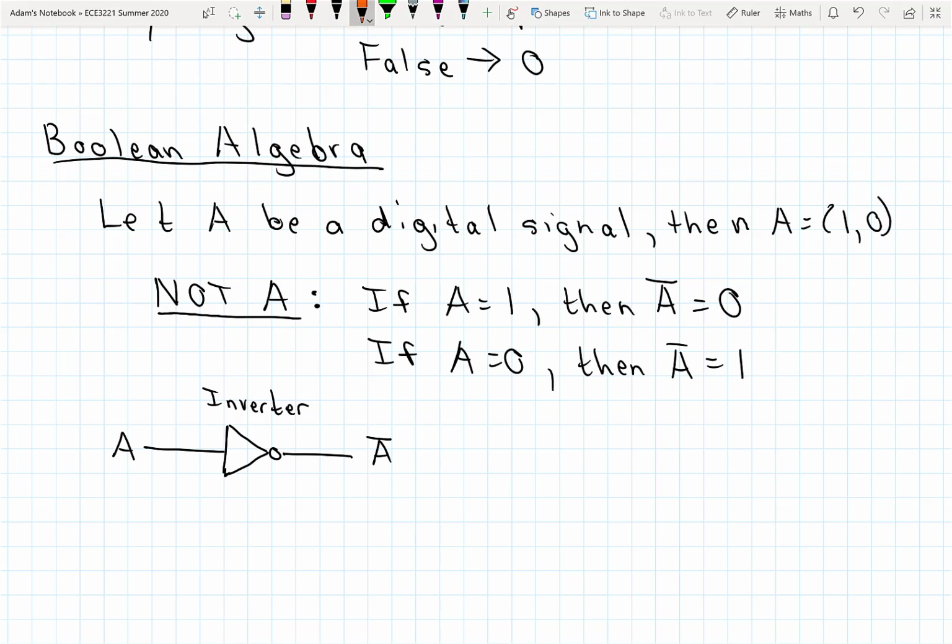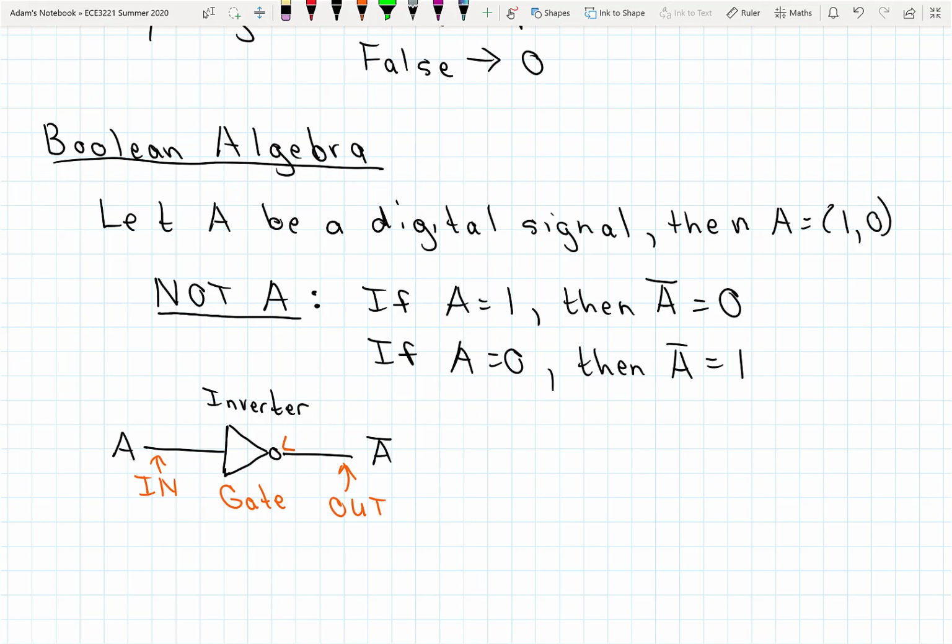This device that I've shown here is what's known as a logic gate. Okay, this specific logic gate has one input and has one output. The bubble here that's shown on the output is a means of indicating that a NOT operation is occurring.